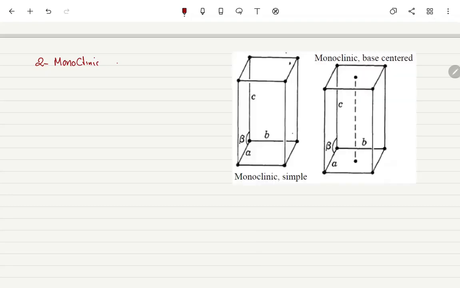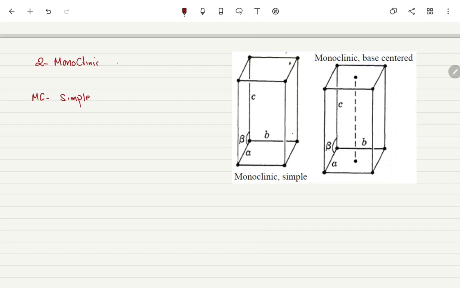Now the second one is monoclinic. In monoclinic, there are 2 types of Bravais lattices, a simple one and base-centered. Now we have monoclinic simple.